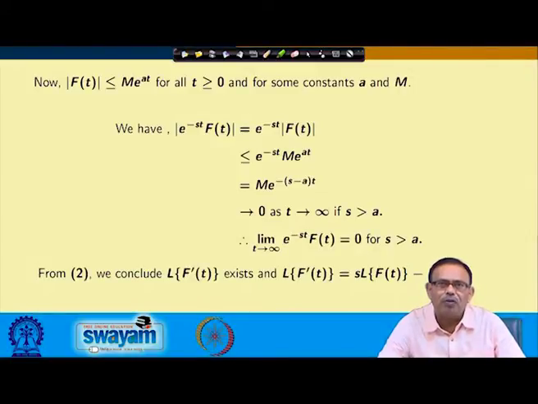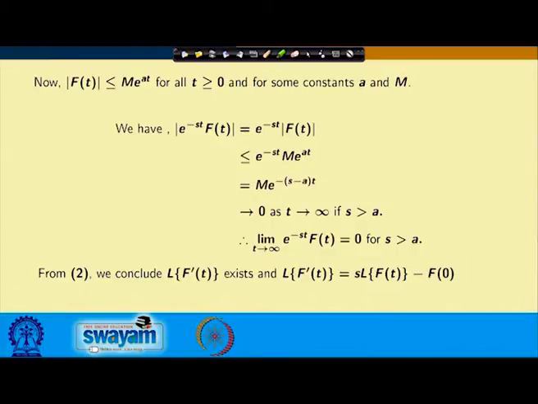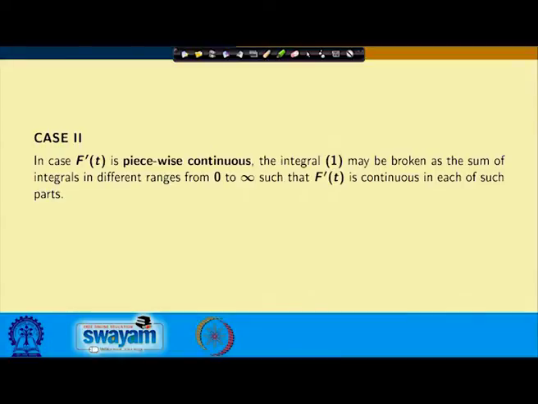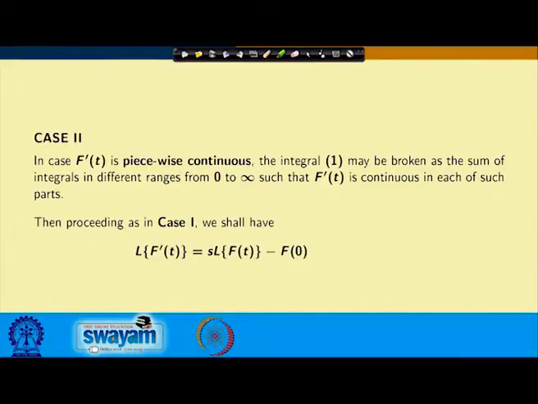So, from 2 we are concluding this, and Laplace transform of f dash t exists and the value is S Laplace transform of f t minus f 0. For case 2, again, f dash t is piecewise continuous. So, integral 1 may be broken as the sum of integrals in different ranges, such that f dash t is continuous in each of the subdomains, and proceeding as in case 1, we can prove the same thing.